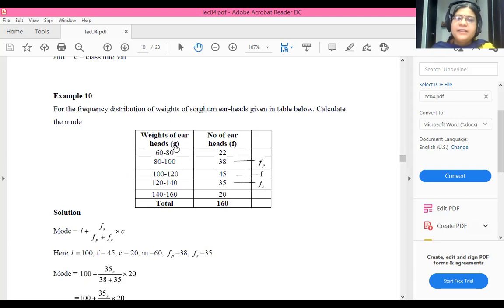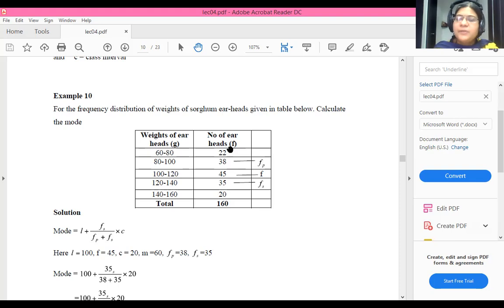Here, weight of the ear heads, the same example, is given as 60 to 80, 80 to 100, 100 to 120, 120 to 140, 140 to 160, and the number of ear heads, that is the frequency, is 22, 38, 45, 35, 20. These are the frequencies and these are the classes.